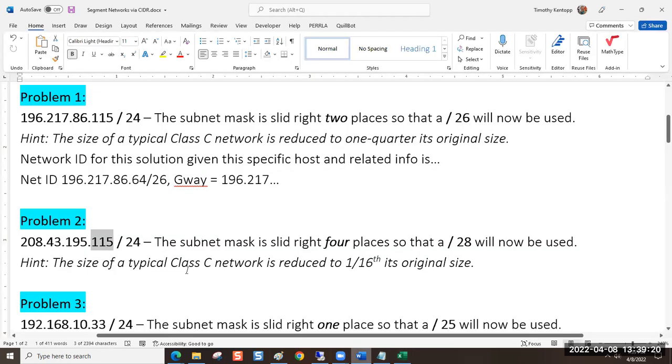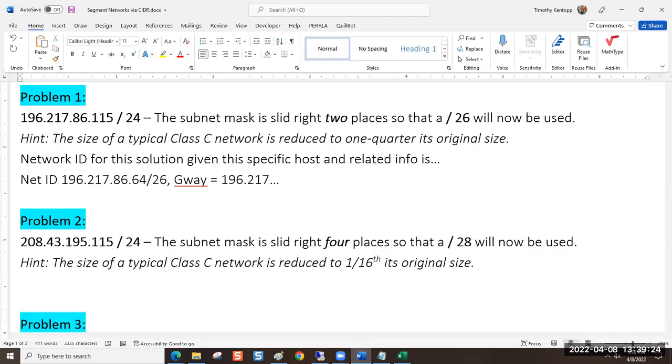That means when I give my answer, I'm going to say the network, I know it's network number 8, which is net ID 208.43.195.